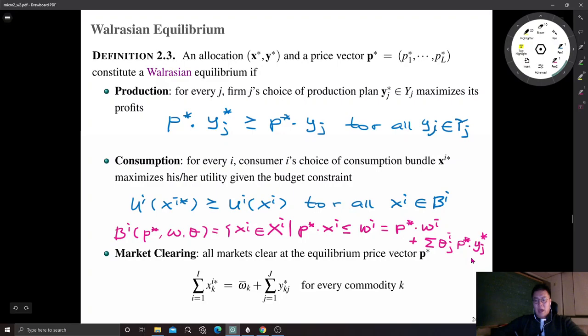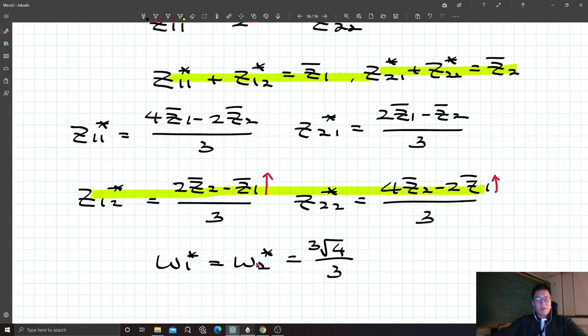And then we have to sum this profit from j equal to 1 to capital J. So that is a basic constraint. Hopefully this is readable. Let me write down here one more time.